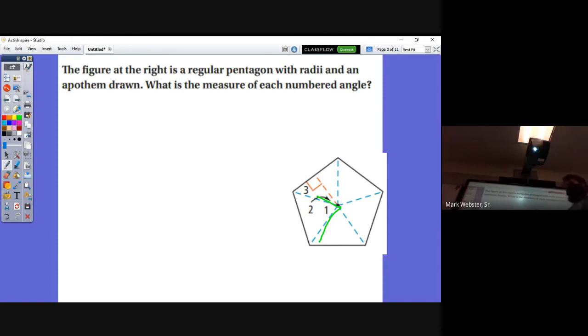Radius, apothem, all that, right? Well, same idea. If we know what a full revolution around is in terms of an angle measure? 360, right? So since it's 360, if I were to go all the way around, it's 360, but I just want one of these slices, right?